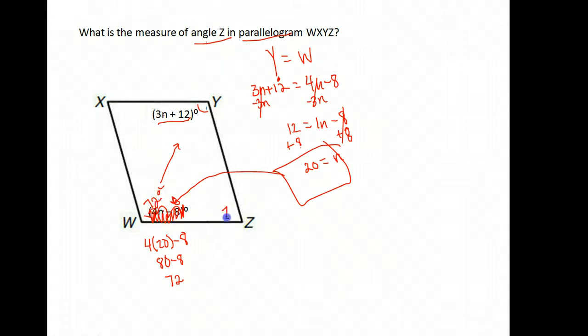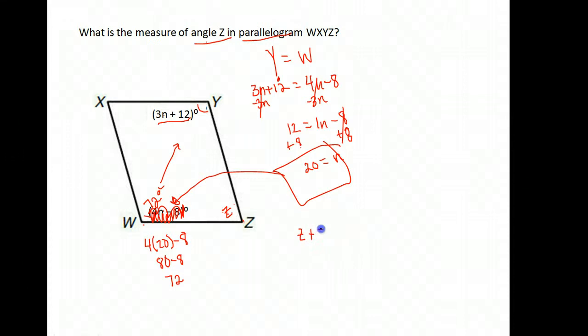Again, we want to know what's the measure of angle Z. They're not opposite angles, but they are consecutive. Notice they're next to one another in the figure. What do we know about consecutive angles of parallelograms? The ones next to each other. Well, properties of parallelograms tell us that those are supplementary or add to be 180.